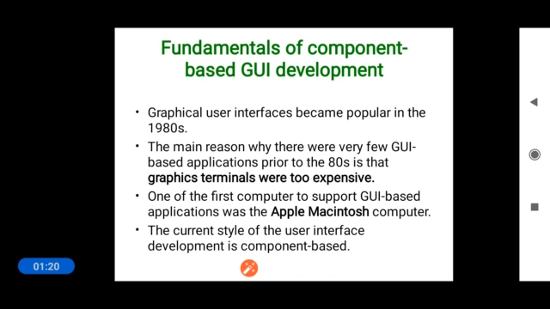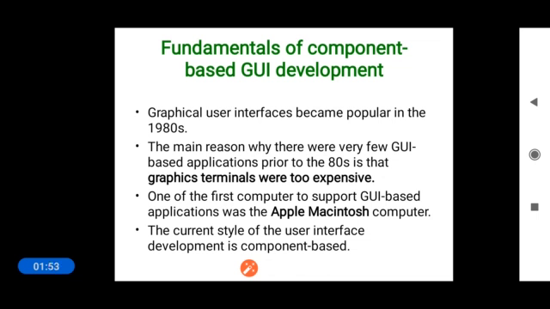But as the technology improved, this GUI interface became much popular, that too in the 1980s. Around the 1980s, the cost of the graphical terminals was reduced, because most of the users were interested in using graphical user interfaces, that is an interface which allows the user to interact more friendly with the application.